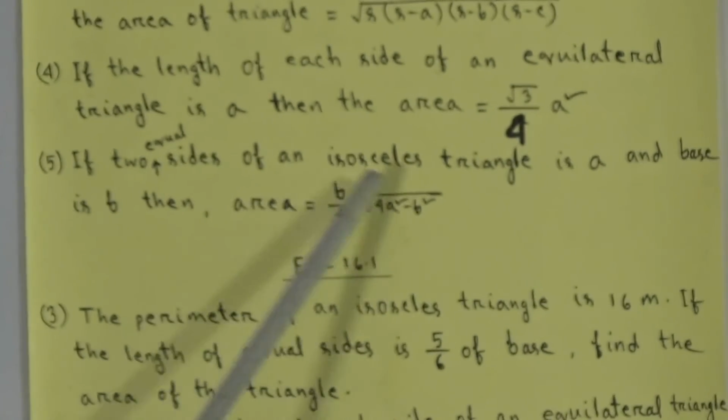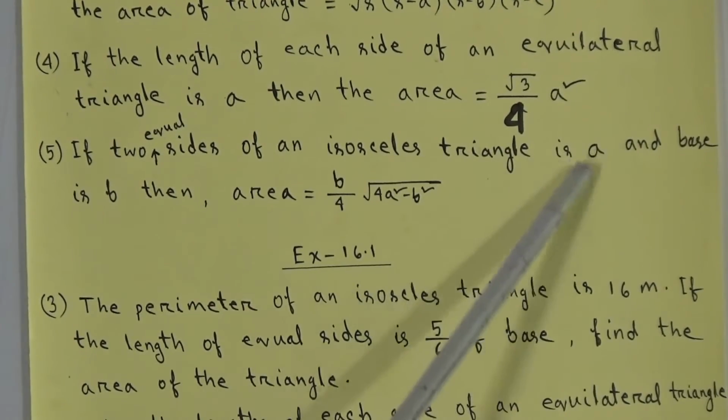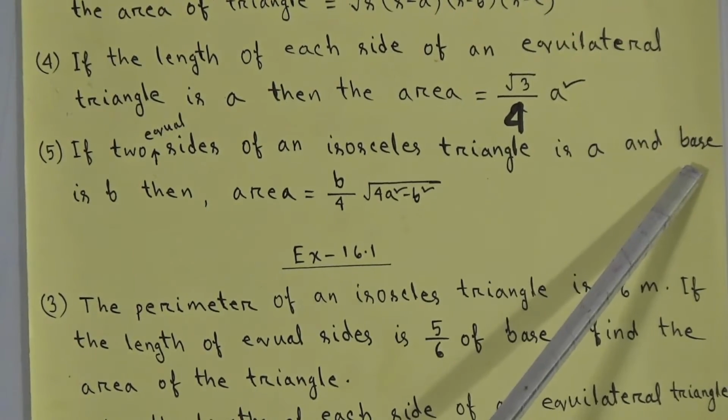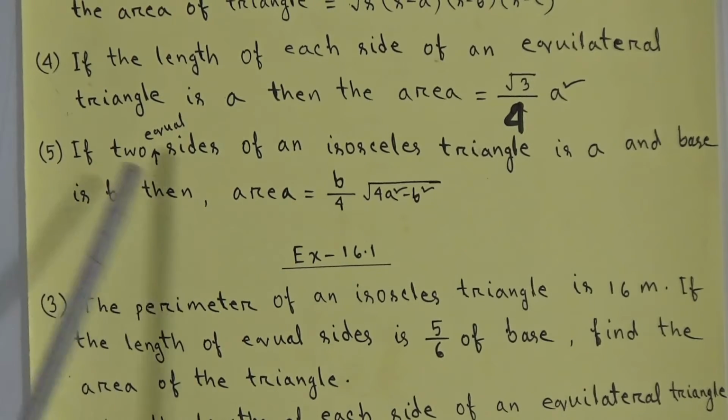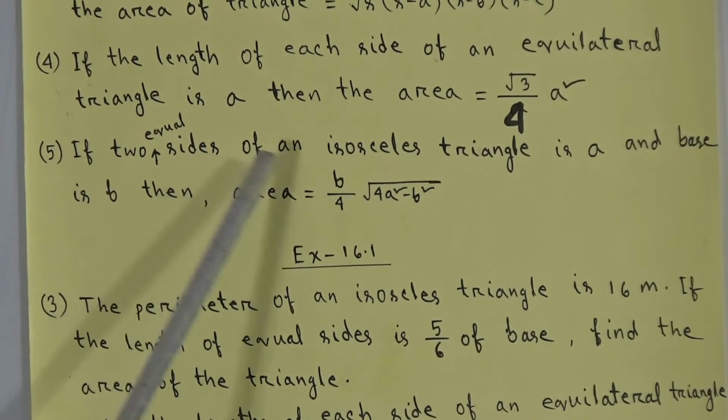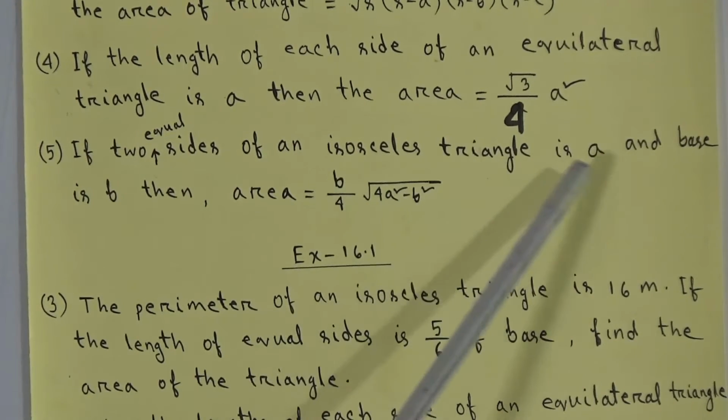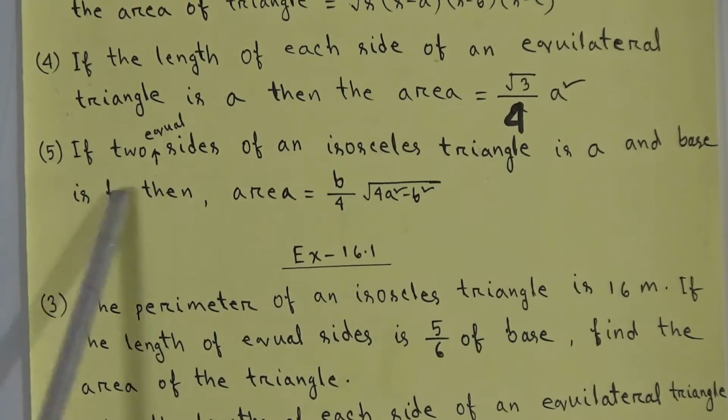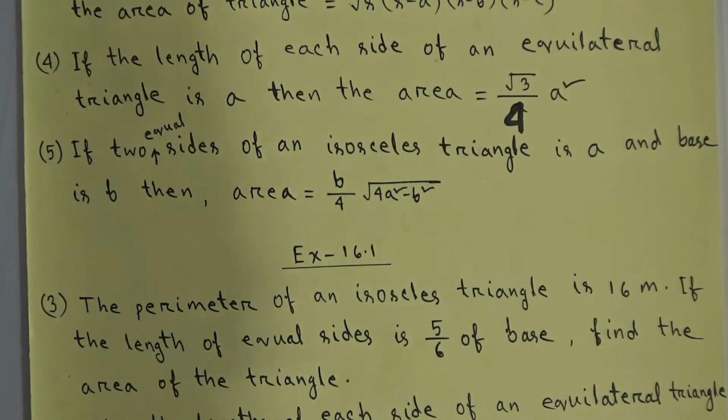Now dear students, last formula. If two equal sides of an isosceles triangle are A and base is B, then area is equal to B by 4 root over 4 A square minus B square.